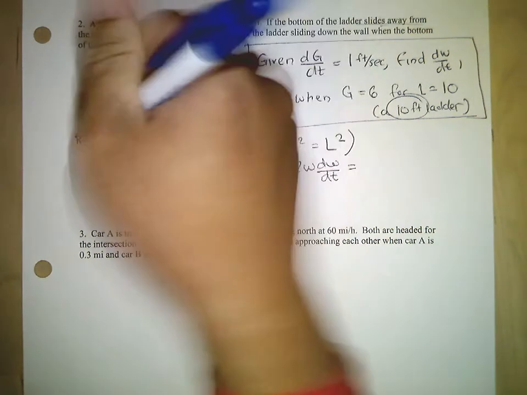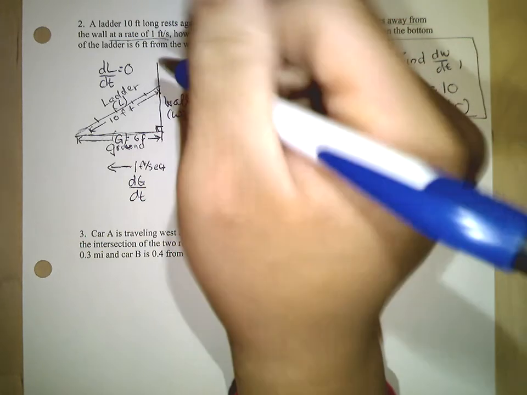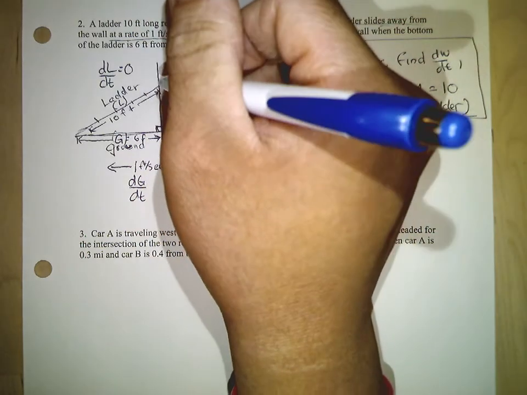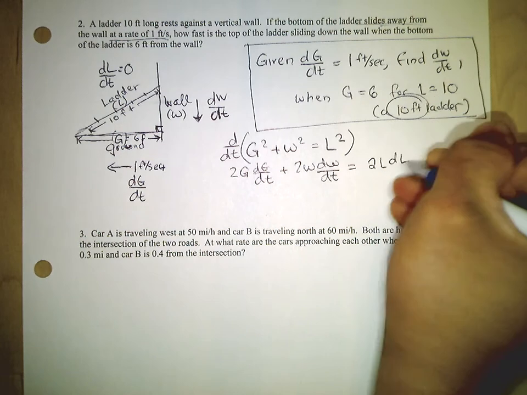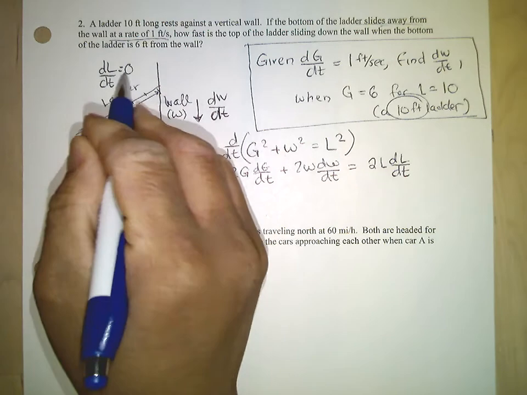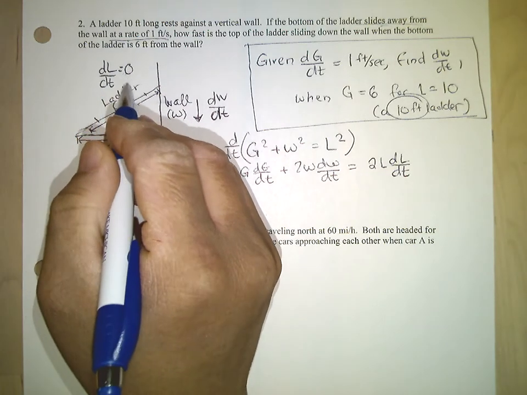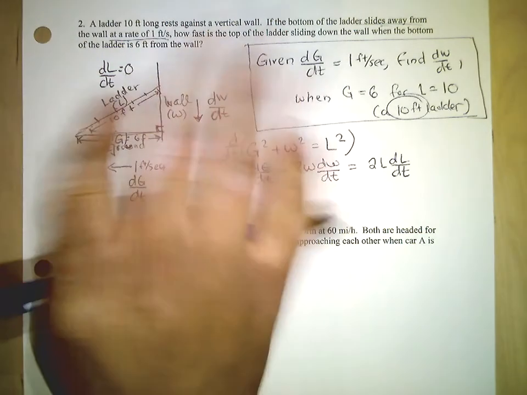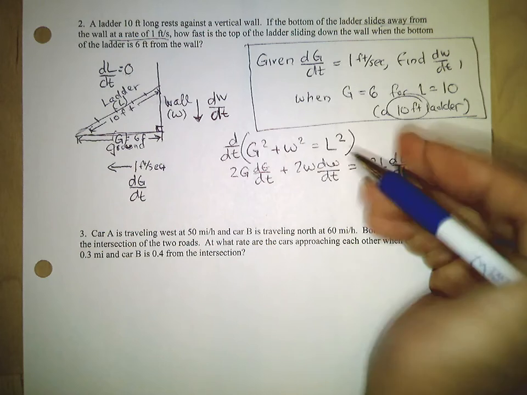The distance on the ground might be changing and the distance on the wall might be changing, but the length of the ladder cannot change. So that would be 2L dL/dt. But because the dL/dt is 0, because the length of the ladder is always 10 and the derivative of the 10 is 0, this is 0.